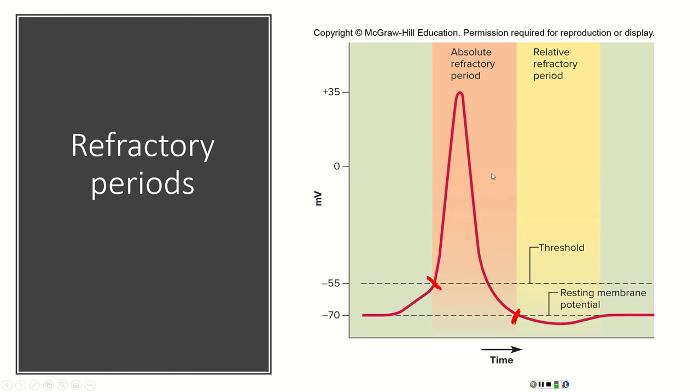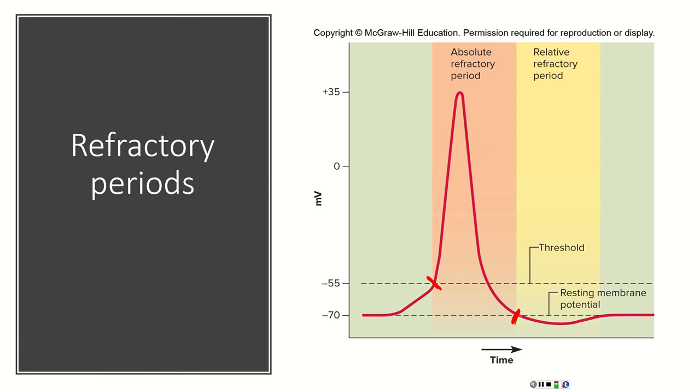During the absolute refractory period, even with a really strong stimulus, we cannot get another action potential to occur. That's because the voltage-gated sodium channel is still inactive and the sodium and potassium are still not reset enough that we could actually carry out another action potential.